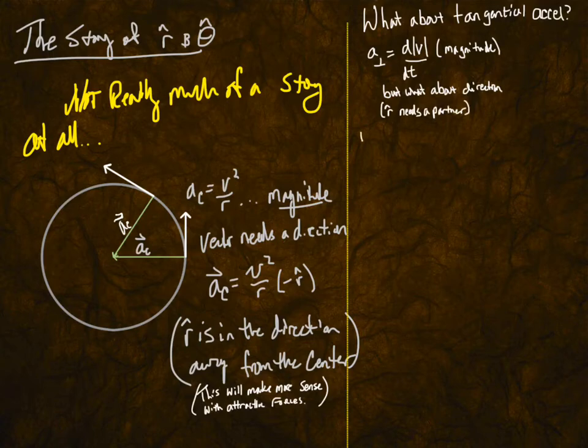In the previous cases we've talked about i hat and j hat, and i hat and j hat are orthogonal vectors. Well, when we talk about magnitude and direction, we have two different vectors. We have a magnitude, which is in the r hat direction. Okay, so that's r. But then there's another variable. Instead of x and y, we have r and theta. And that's what happens here.